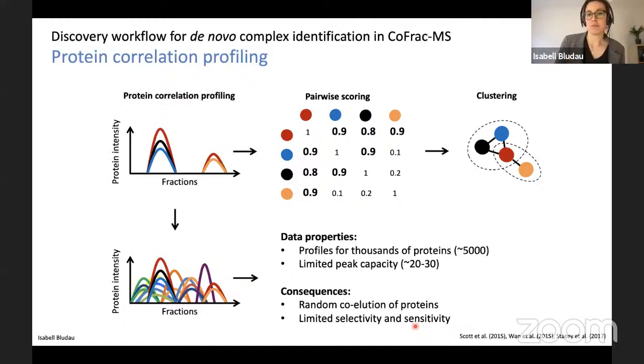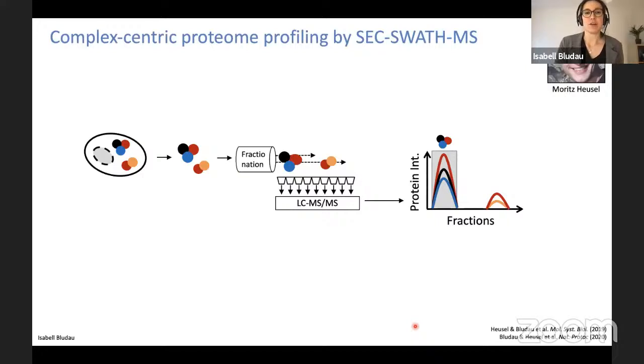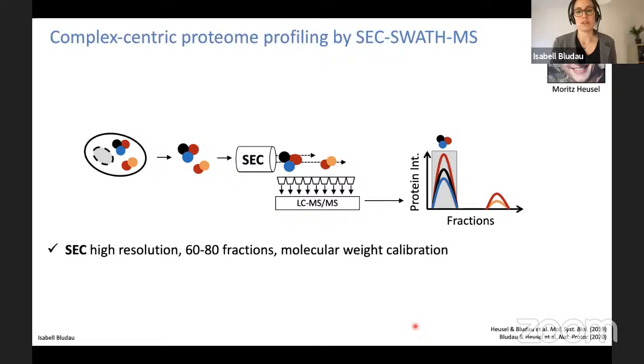But in the Ebersole lab, we had an alternative idea, coming from the DIA analysis. We thought we could use the complex-centric or targeted approach to analyze our data. The strategy that we developed is called complex-centric proteome profiling by CCprofiler. From the technical side, we use size exclusion chromatography at high resolution, sampling between 60 to 80 fractions.